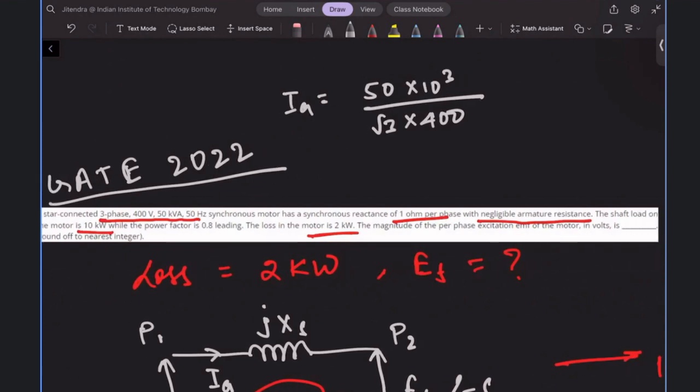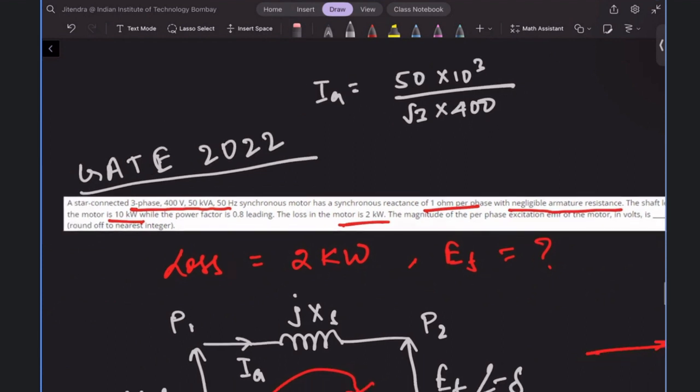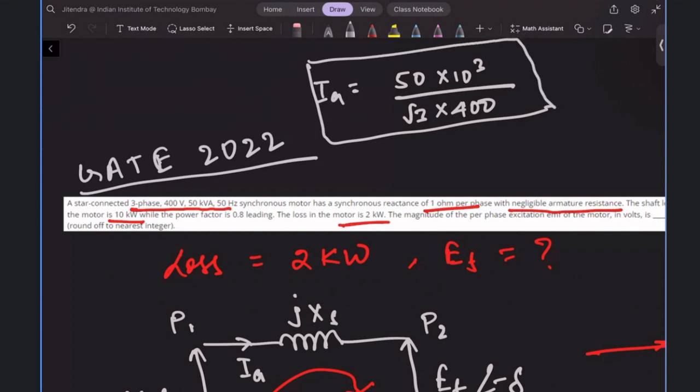But the question is that we have learned to find out the armature current. By default, we should calculate from this approach. But will this value, what this expression will provide, be eligible for that particular condition?